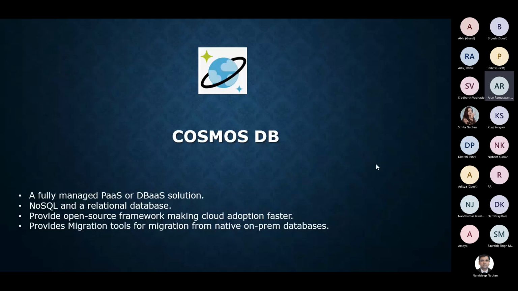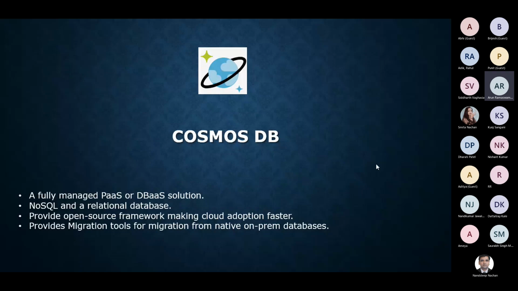All the data is stored in the form of documents, in JSON format, which is nothing but key-value pairs. For every key you have a specific value stored against that key in the database. That is what they call JSON format.